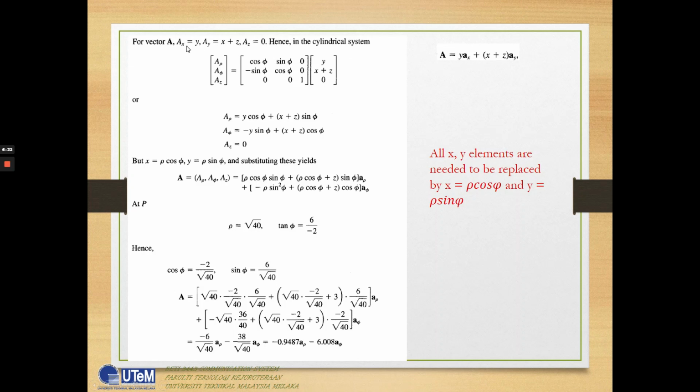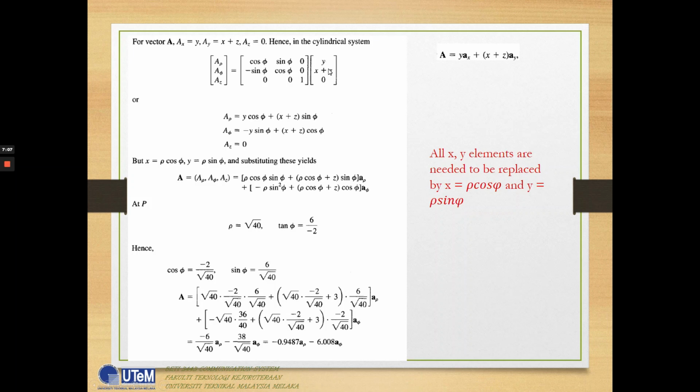Big Ax is equal to y, because it is the value of the vector, not the unit vector. So we don't take the unit vector, we take this big Ay. Big Ay is x plus z. Since there is no az component, big Az is 0.